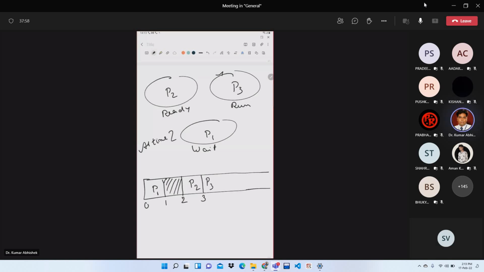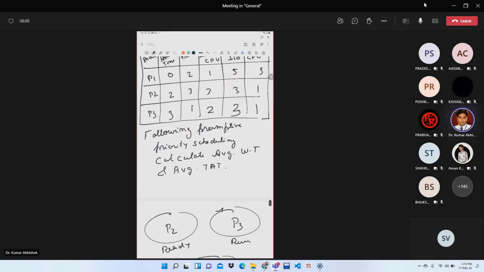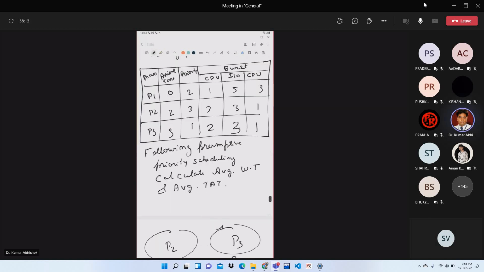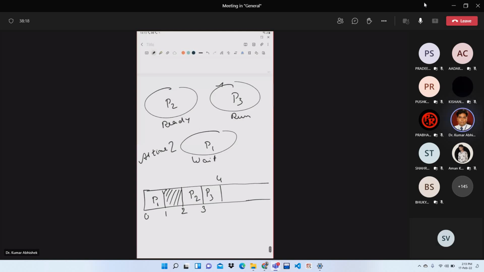P3 will be moving to run state till time 4. What happens at time 4? Is there any other process apart from P2 and P3? No. P3 will execute till 4 and 5.